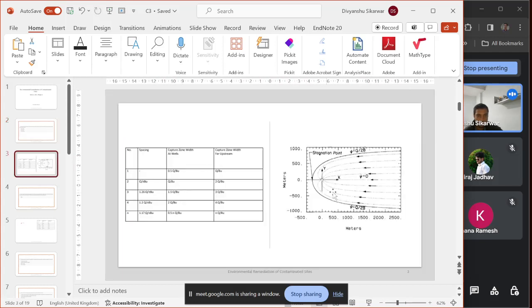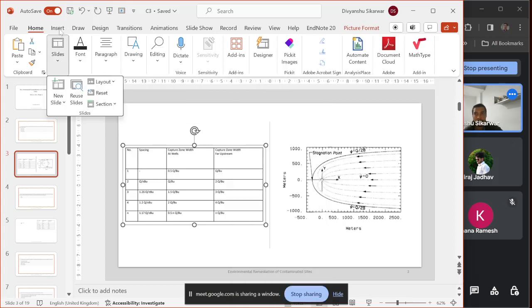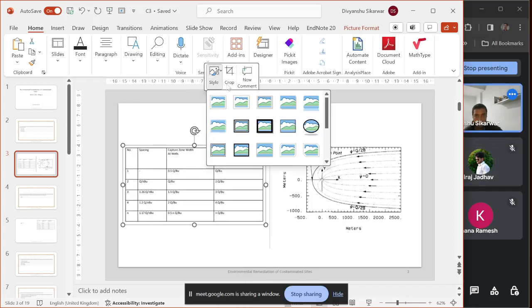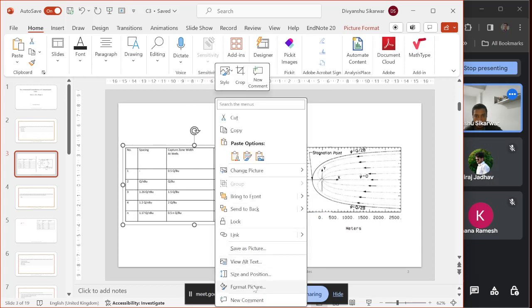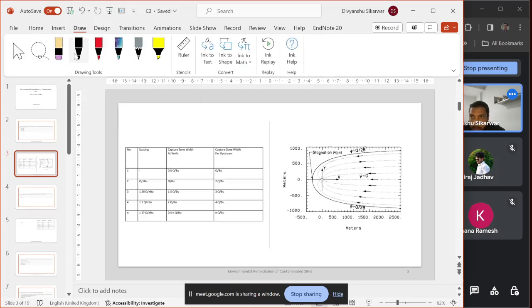You might have seen this diagram. No, sir, I haven't seen. What is this, sir? This is basically a well.